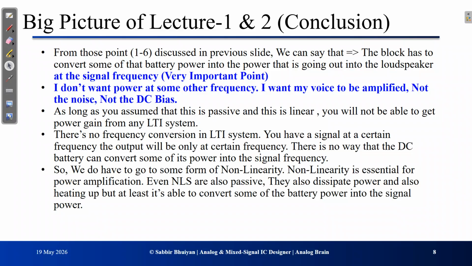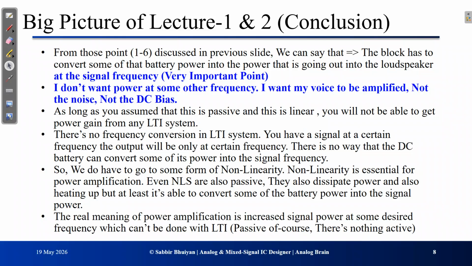So we do have to go to some form of nonlinearity. Okay, nonlinearity is essential for power amplification. Even NLS, nonlinear systems, are also passive. Okay, they also dissipate power and heat up, but at least they are able to convert some of the battery power into the signal power.